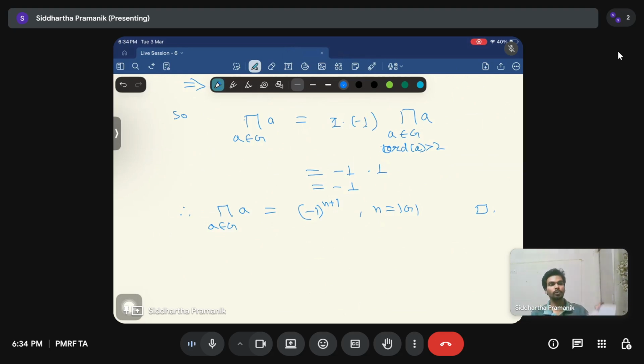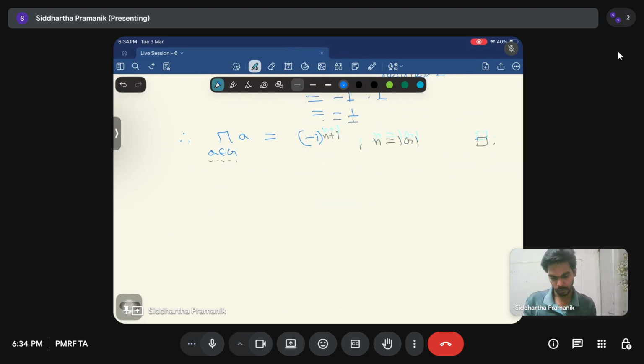Now, we can also do this without using group theory. So let's do that also.